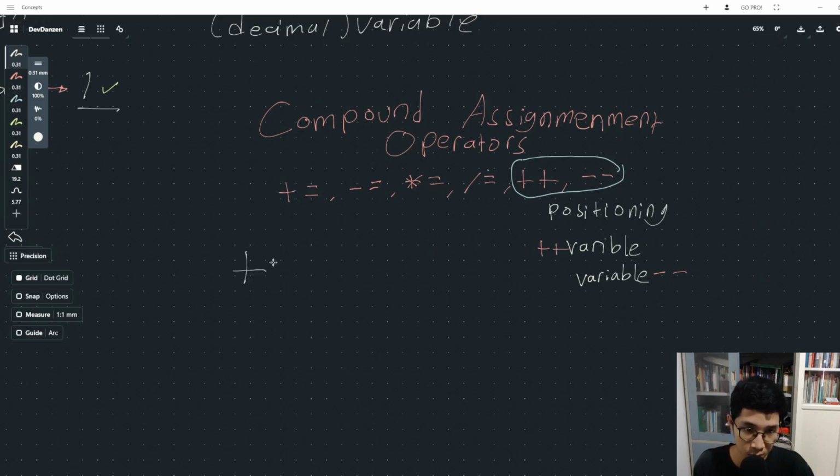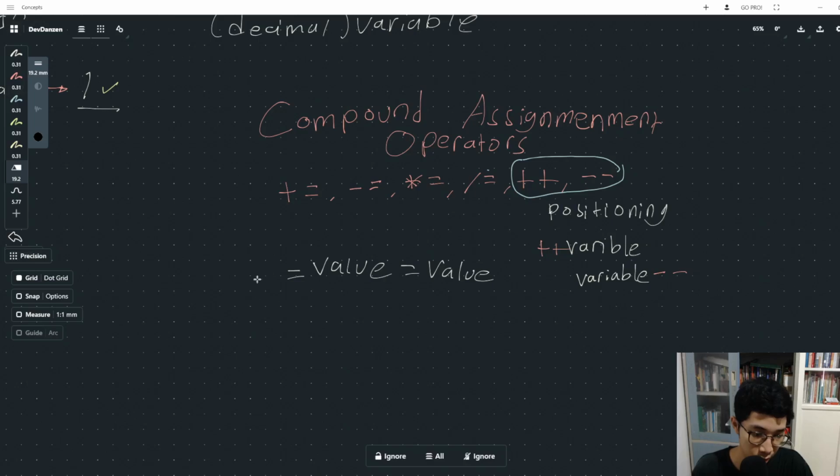So plus equals, addition assignment, is like value equals value plus, I need to complete this yet.